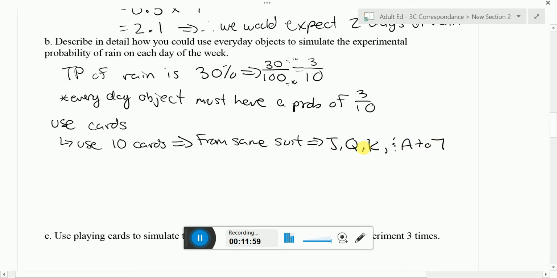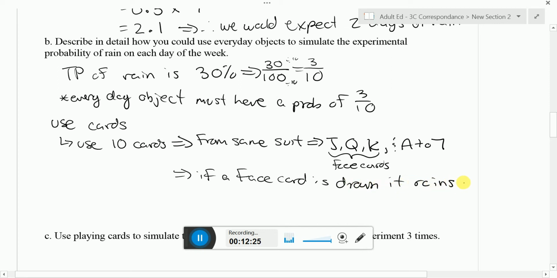So there's 1, 2, 3, and then 7 more cards gives us 10. We have 3 face cards, and so because there are 3 face cards out of the 10, we could say if a face card is drawn, it rains on that day.